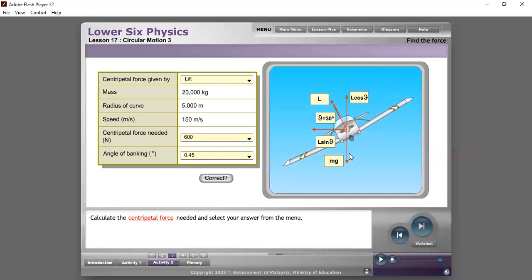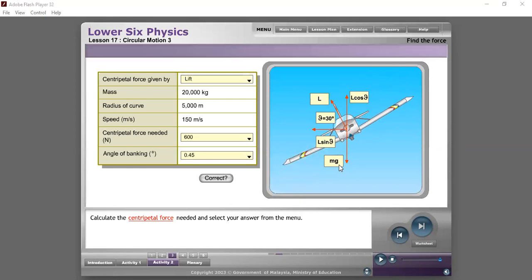So now let's check. We calculate the L, and then L sin delta. L is equal to mg, so that means mg sin delta.